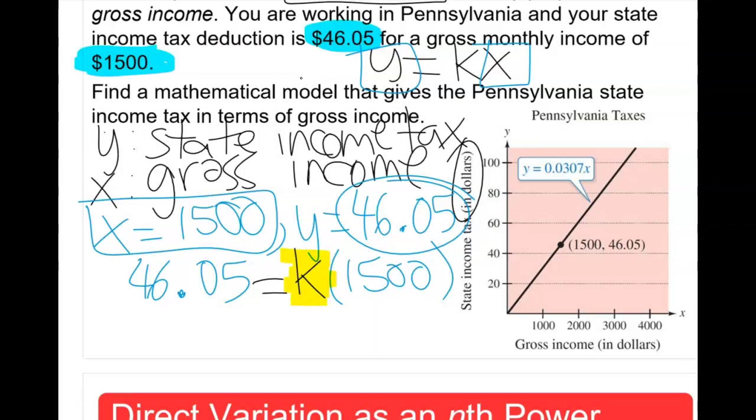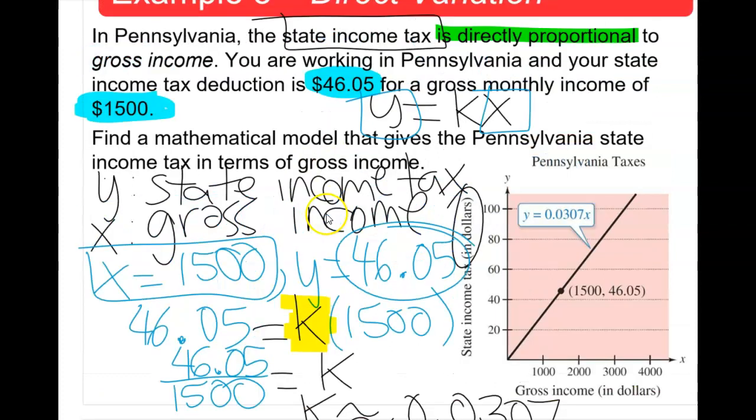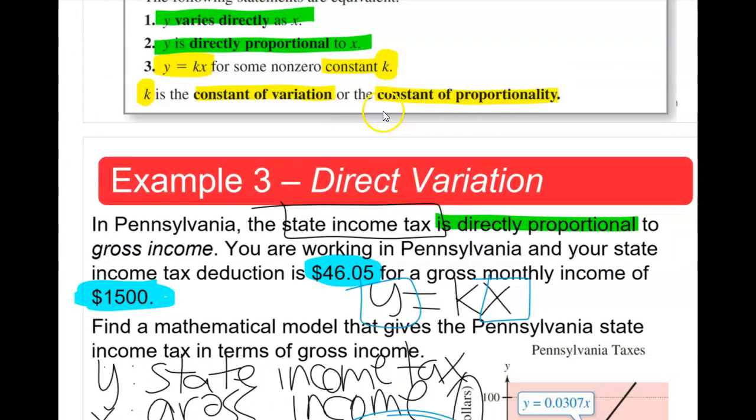We know how to find it because the 1,500 is simply multiplying k, so we are going to divide. Okay, and we will get that k is approximately 0.0307. So that will be the constant of variation or the constant of proportionality.